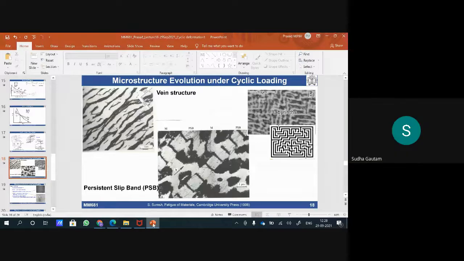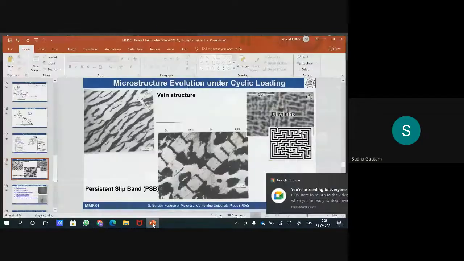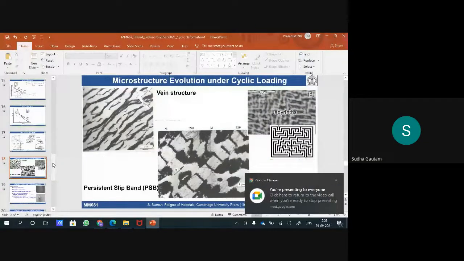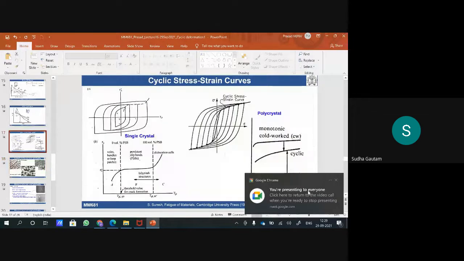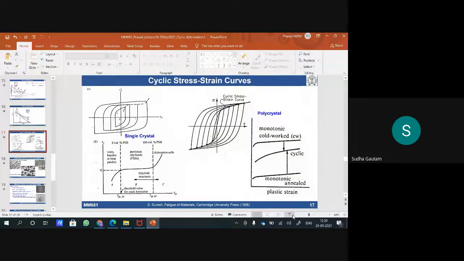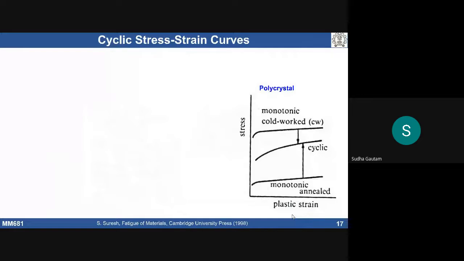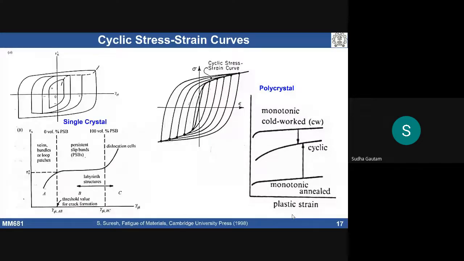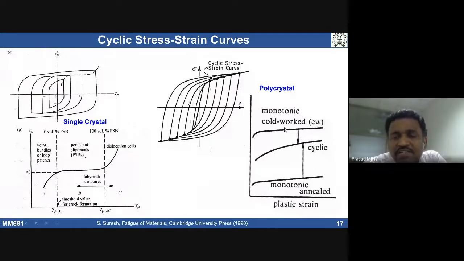Any doubts here? Yes, sir. Sir, slide number 17. Why does softening occur in cold worked material after cyclic loading? See, during cyclic loading conditions we are changing the loading direction, giving forward and backward loading.